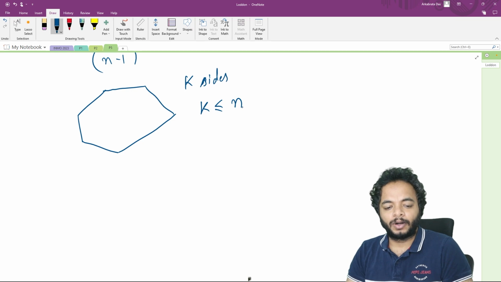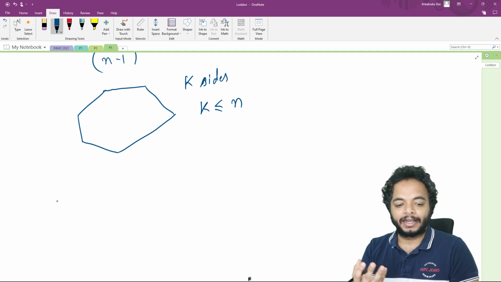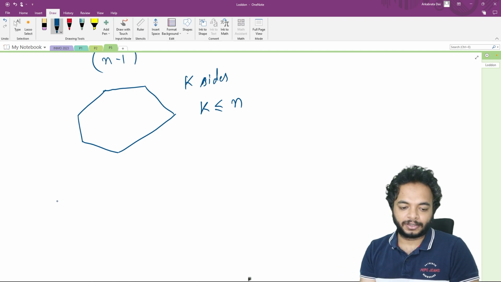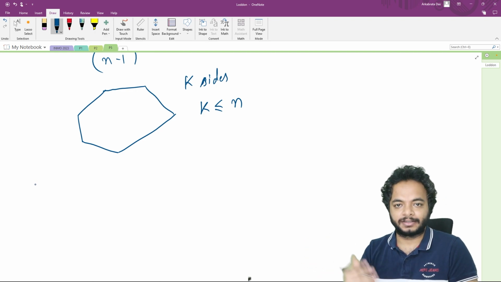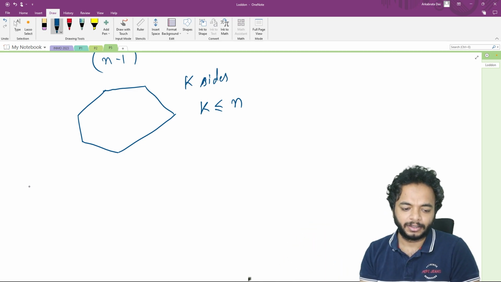Now we will be collecting these even numbers corresponding to those edges, and let's arrange those even numbers in increasing order.